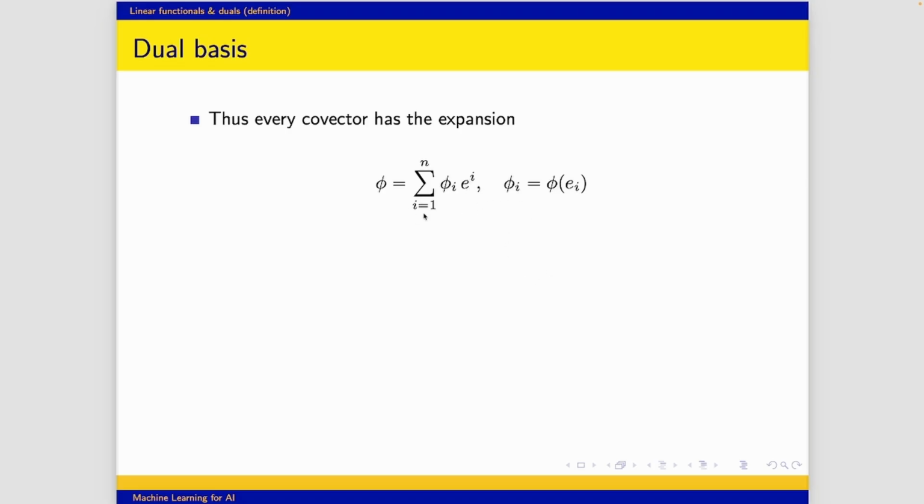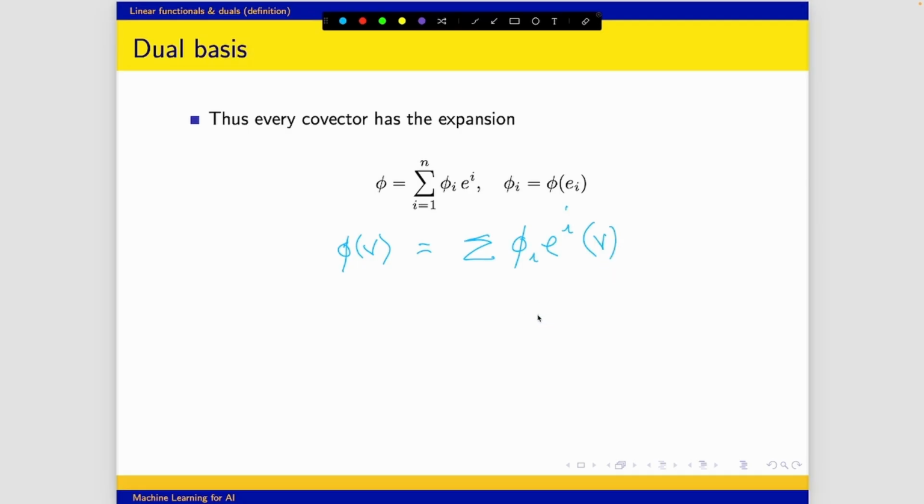Meanwhile, we force this to be the case. What's EI? Let's remind ourselves. When we act on a vector V with this, what will happen is we will get the sum of phi I, EI acting on V, right?